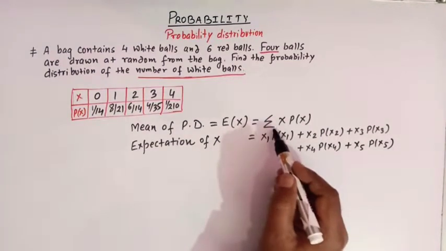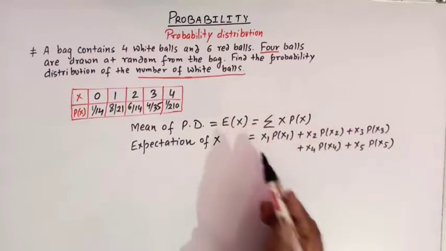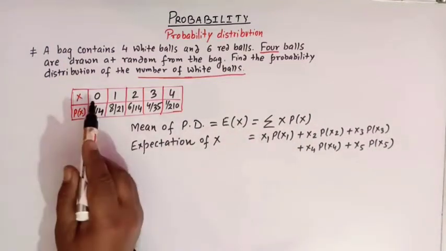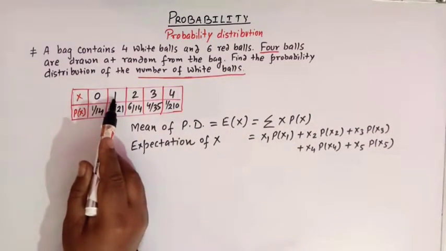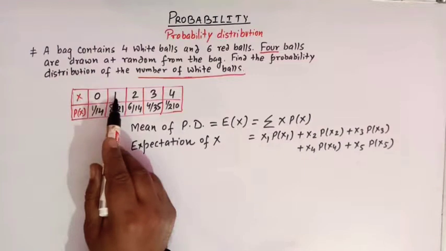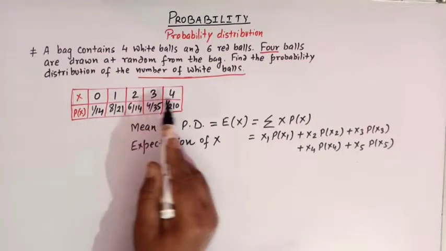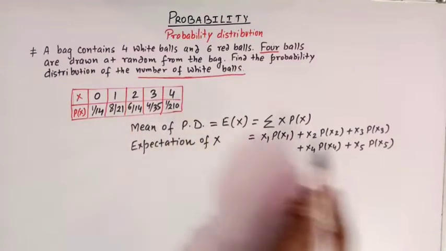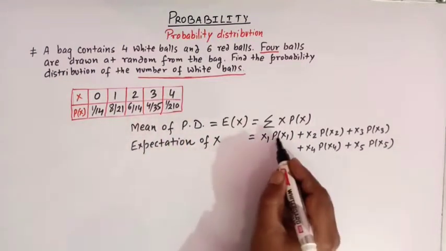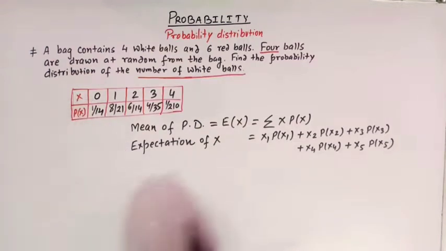So this sigma of x p of x is equal to this expression, and x1 is 0, x2 is 1, x3 is 2, x4 is 3, and x5 is 4, right? And p of x1 is the corresponding probability, right?